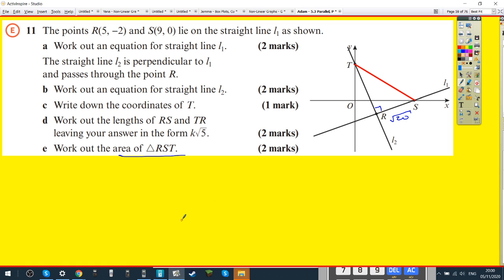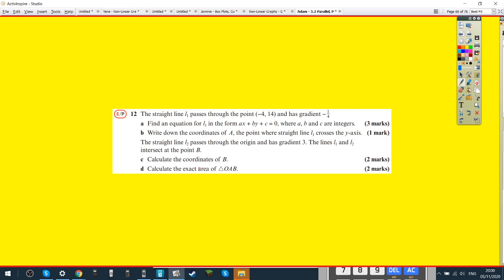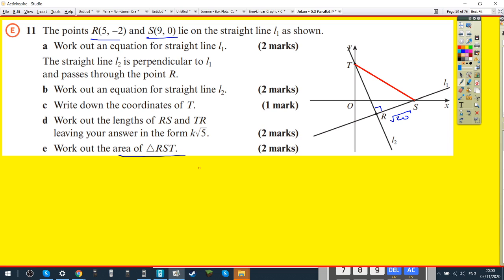And what's next? We don't know what both TS and TR are. Well, the coordinates of T. I don't know the answer. TR, L2 is perpendicular, goes through R. Coordinates of T, I don't know.